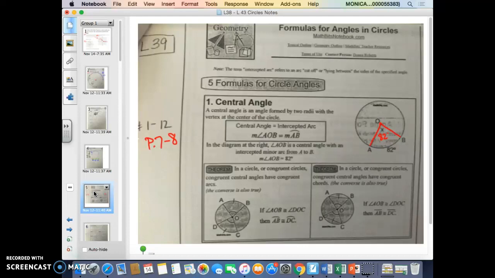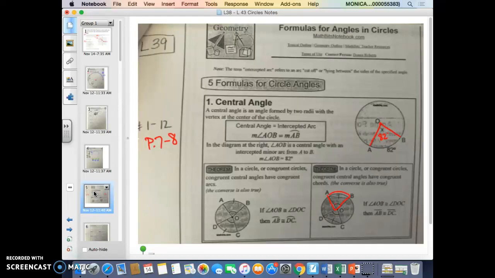So here, this arc from A to B is equal to this angle right here. And then of course, if you have vertical angles, you know these two angles are congruent as well, because all vertical angles are congruent. So the key is that a central angle is equal to the arc.